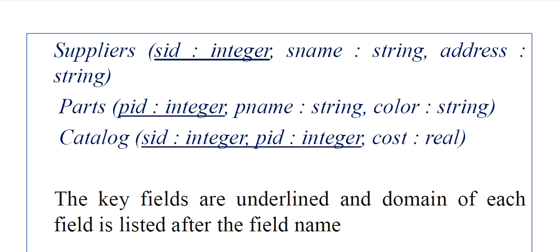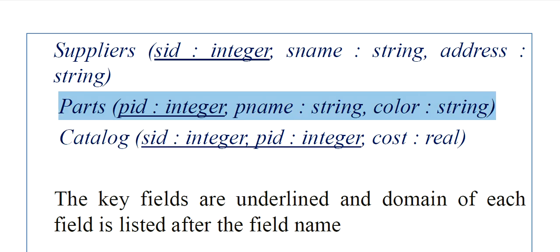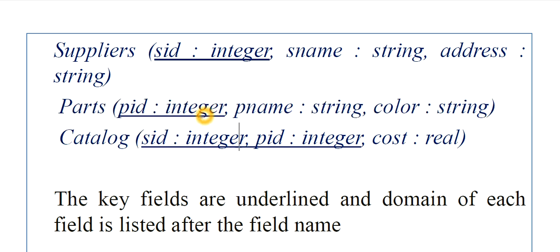These are the attributes, and you know the underlining means the primary key. Then parts. This is the second relation where attributes are PID integer, pname string, color string. This means PID is of type integer, pname is of type string, and color is of type string.